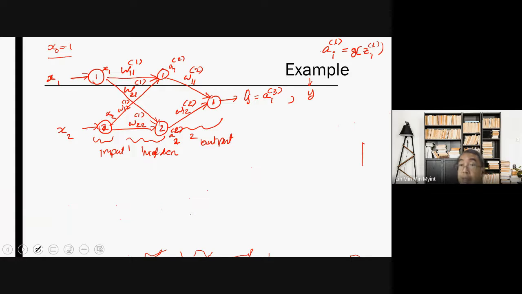And this one is calculated by weight multiplied by each input for each layer, like this. So let me define like that.